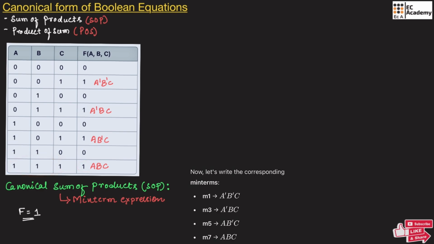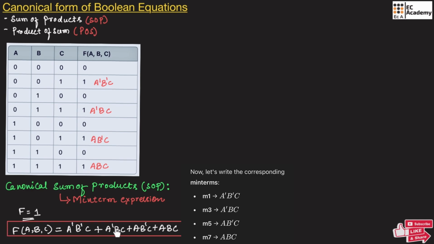So the canonical sum of product can be written as f of a comma b comma c will be equal to, so we'll consider all these minterms and perform OR operation, and we can write a dash b dash c plus a dash b c plus a b dash c plus a b c. So this is the equation for canonical sum of product. From this equation we can understand that the function is 1 whenever these minterms are true.